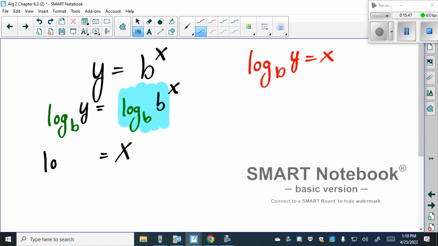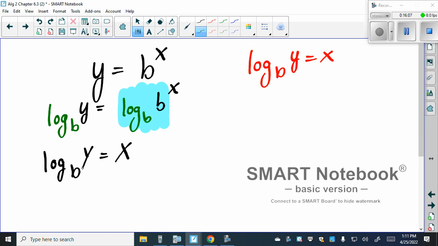So it's just log base b of y, and we have it equal to x, yes? But what did we say by definition y equals b to the x is as a logarithm? That's why we can switch it.